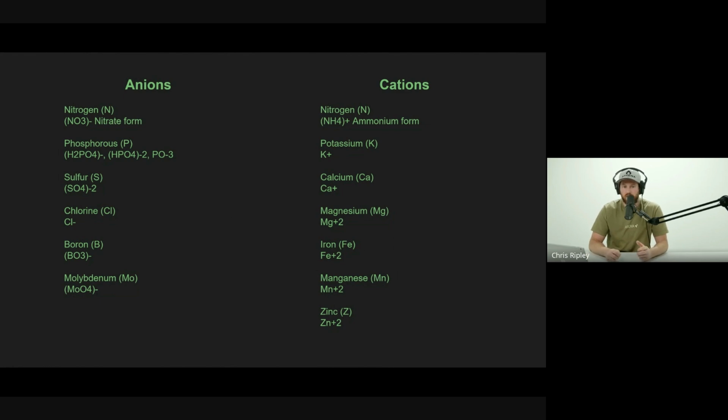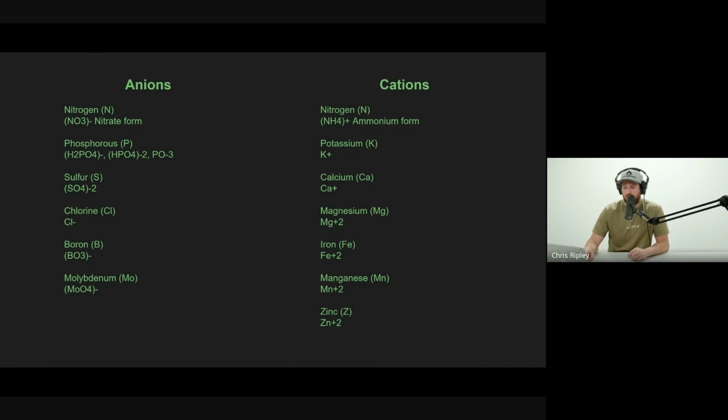If we're in something like coco, feeding 5.8, 6.0, we've got a little bit higher concentration of cations than anions. As the plant feeds on specific elements in the solution, it can modify the balance between cations and anions.